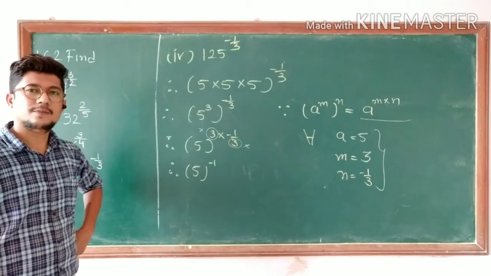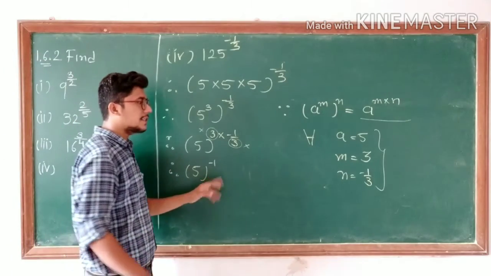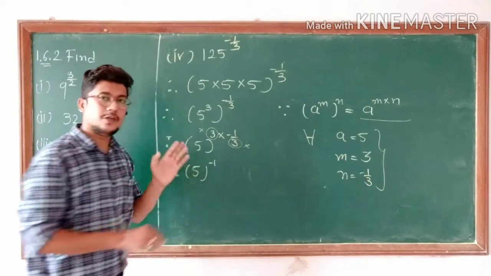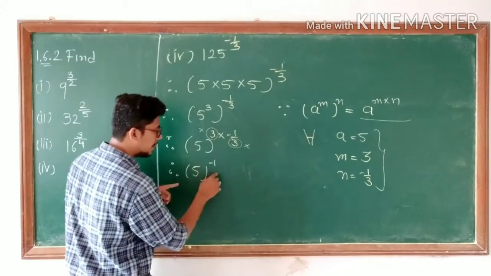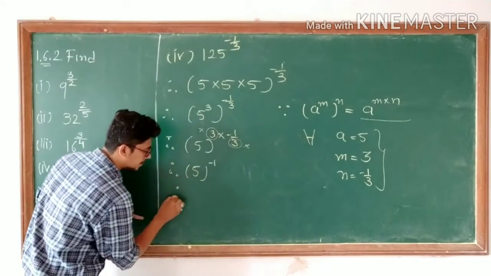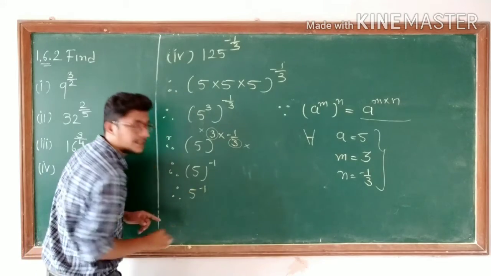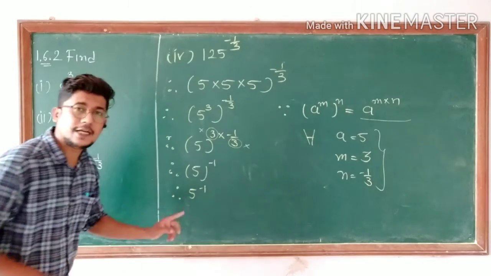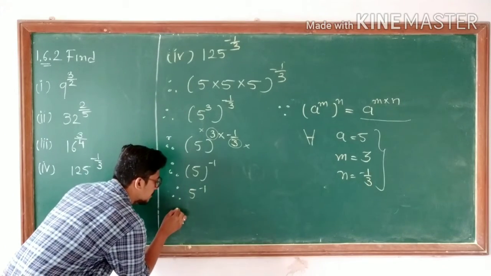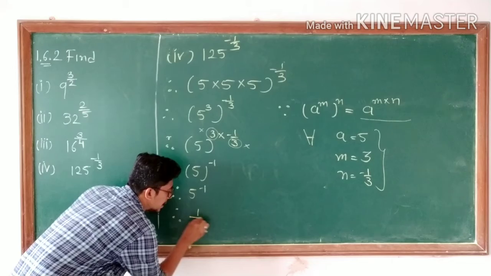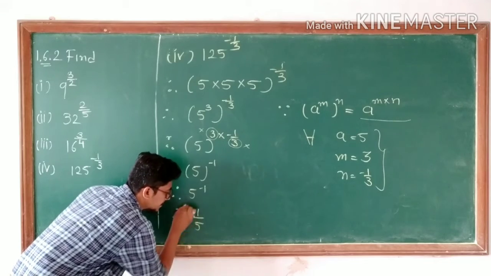The inverse says that if you want to convert the inverse into the regular number, for this 5 power of minus 1, you have to write it below the 1. So this 5 power of minus 1 can be written as 1 upon 5.